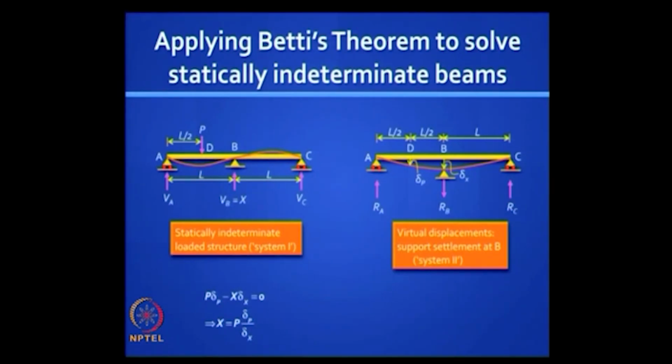So your left hand side of the equation is P into delta P. But you also have x doing work, right? This x does negative work because delta x is in the opposite direction. So we would say the total external work is P delta P minus x delta x.